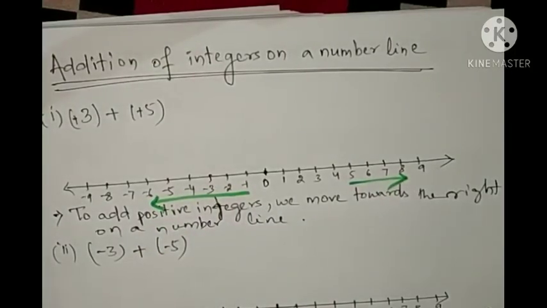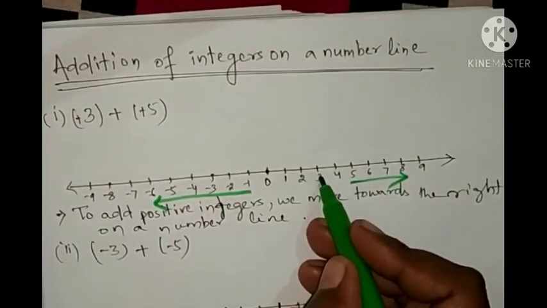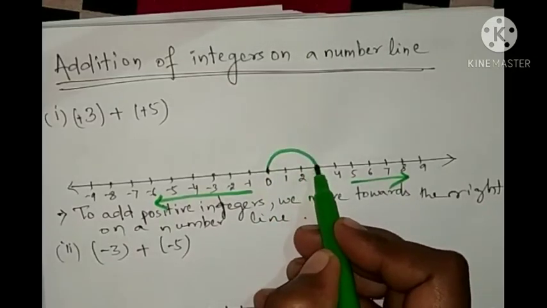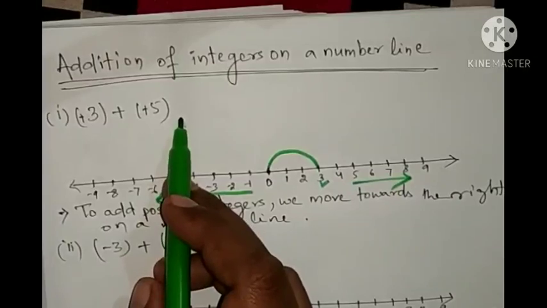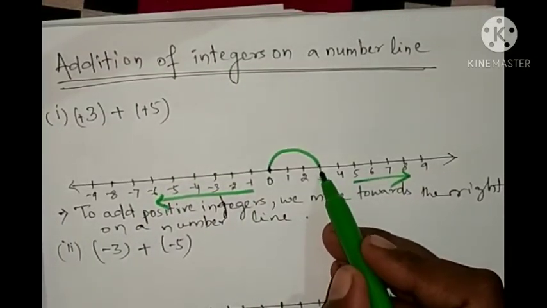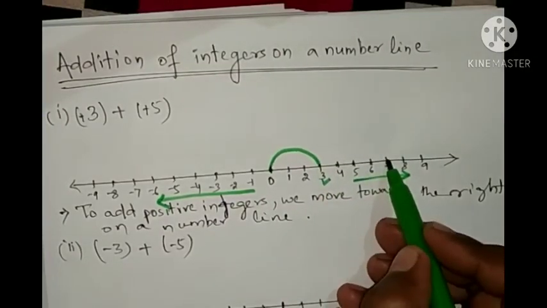Let's see how we will add. On the number line, plus 3 is here. From 0 move to plus 3. Then plus 5 means you move 5 numbers: 1, 2, 3, 4, 5.